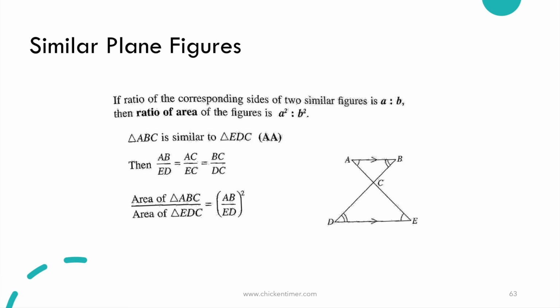So there are also similar plane figures and the relationship to area. If I have two triangles that are similar, then the ratio of their areas would be the square of the ratio of the sides. So this is what we need to know.